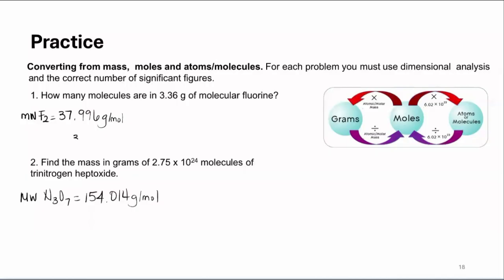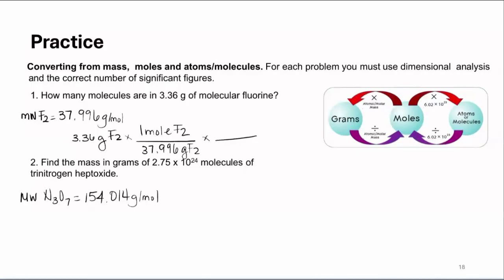I'm going to write 3.36 grams of F2. As you can see, I'm going to divide by the molar mass, and I already have written the molar mass, which is 37.996 grams of F2 in every mole of F2.